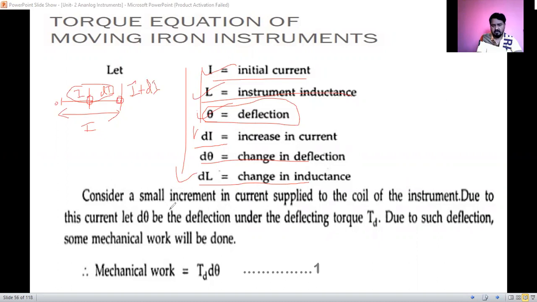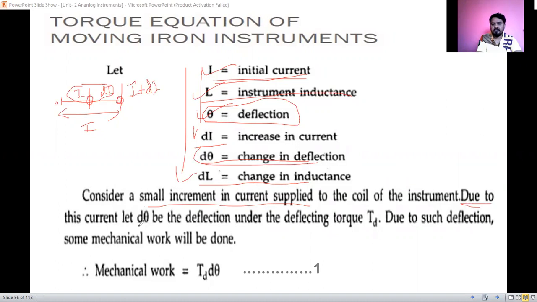Consider a small increment in the current supplied to the fixed coil. Due to this small increment in the supplied current of the instrument, the deflection will change.